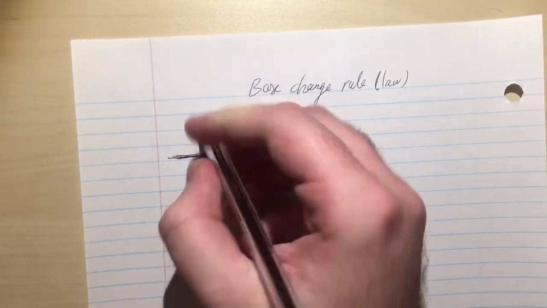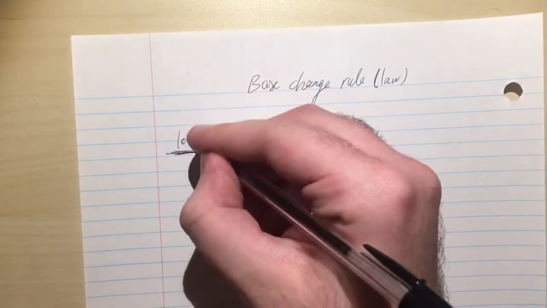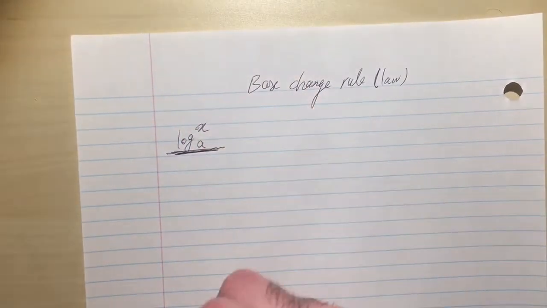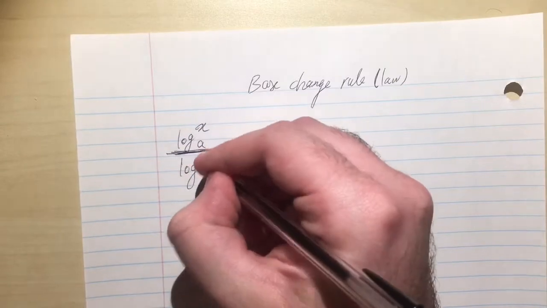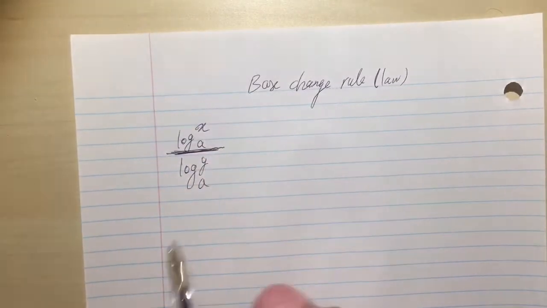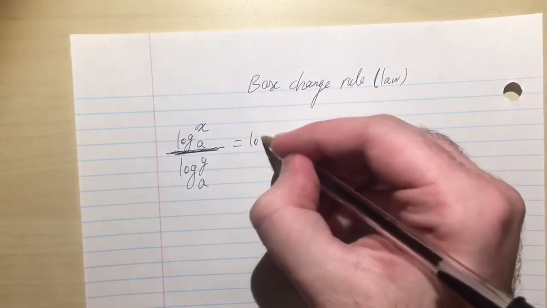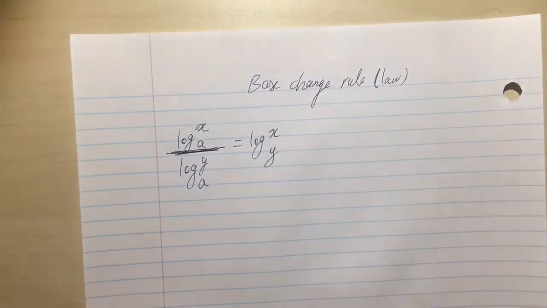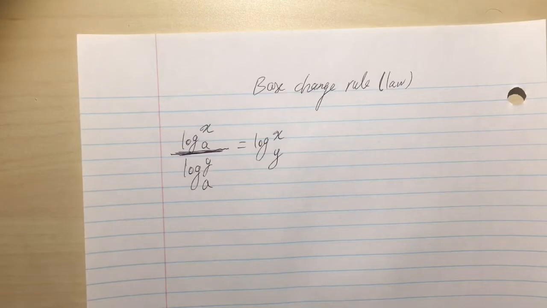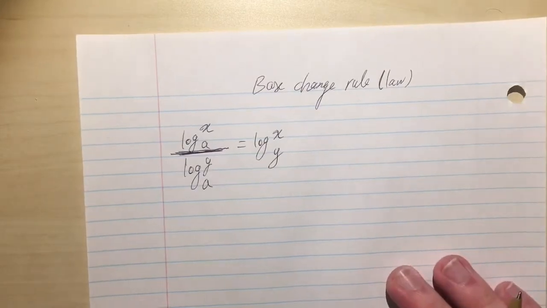This law states, oh my god, I'm stressed. Okay, so log x base a over log y base a, with the same base in the numerator and denominator, is equal to log x base y. Wow, this is stunning. Okay, so how to prove it?